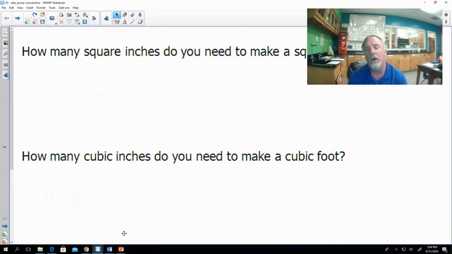All right, the second part of what I wanted to talk about today was how do we do our calculations with our measurements when there's a power involved? So like squaring, if we square something, that's something to the second power. Or if we cube something, that's something to the third power. How do we make those conversions as we go from inches to square inches to square feet, for example?